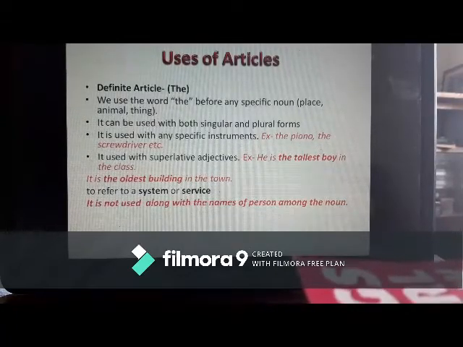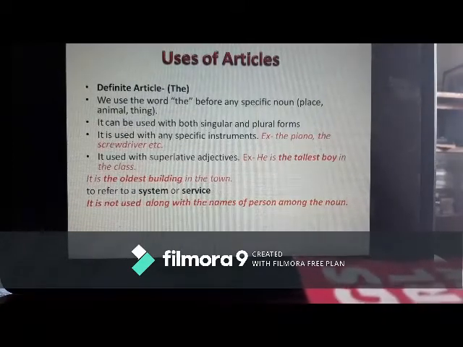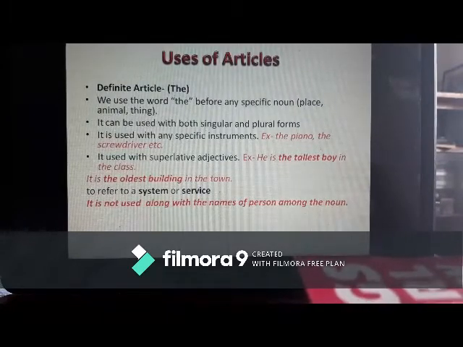Example, the piano, the screwdriver. We all know that we can use the with superlative forms. That is, we have positive, comparative, and superlative. So with the superlative form we can use the, like here, he is the tallest boy in the class, it is the oldest building in the town.